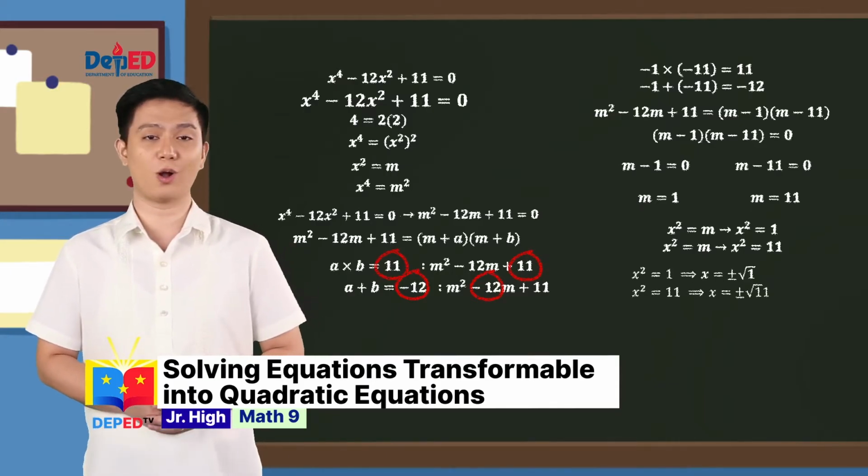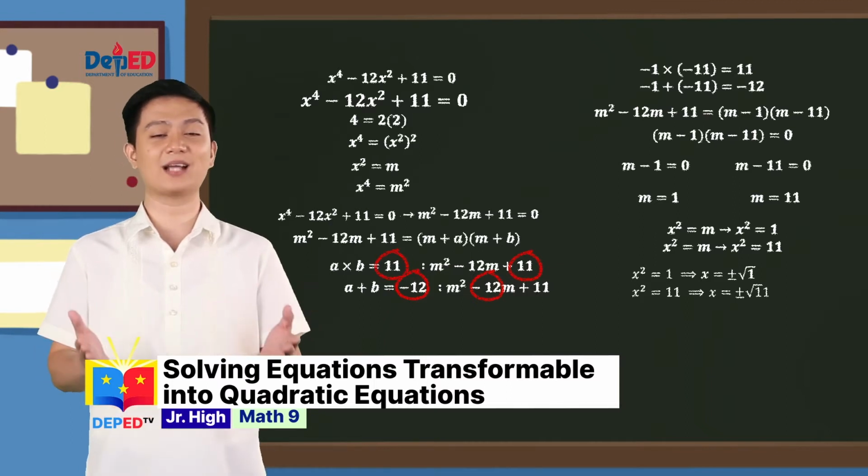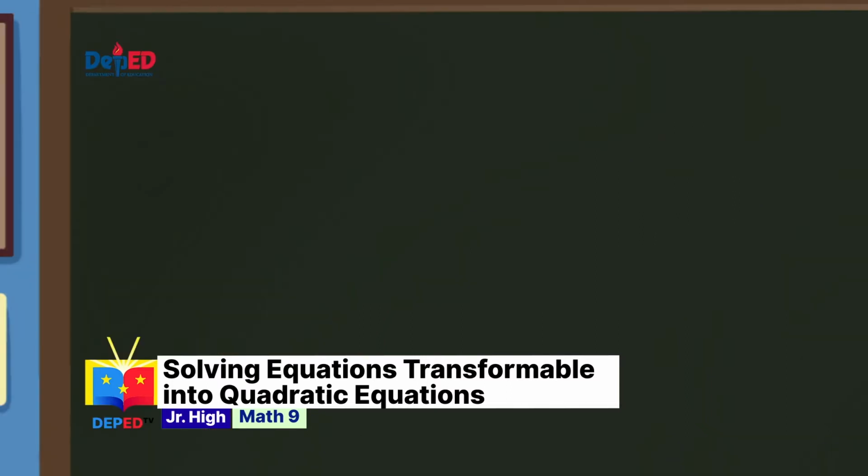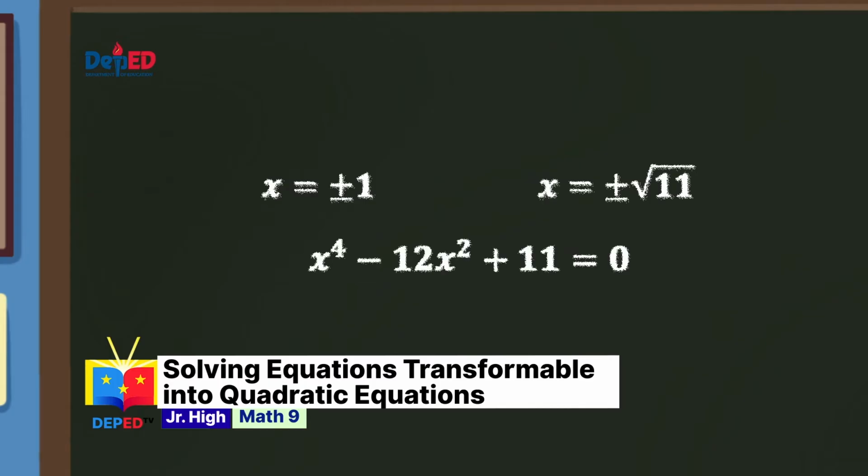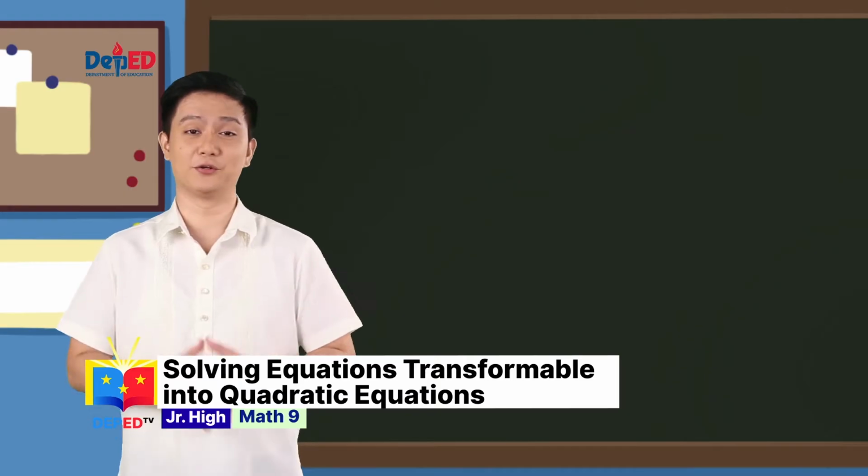So, we can solve for x by extracting square roots. And we must get that x is equal to positive or negative 1, and also equal to positive or negative square root of 11. These are the roots of the equation x to the 4th power minus 12x squared plus 11 equals 0. Let's have another example.